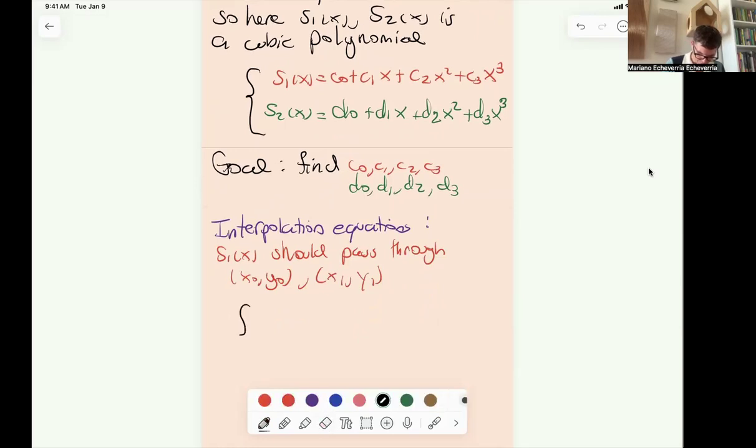If you put x0, you get c0 plus c1 x0 plus c2 x0 squared plus c3 x0 cubed should be y0.